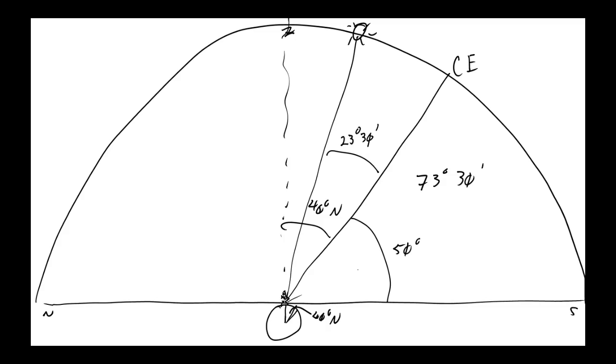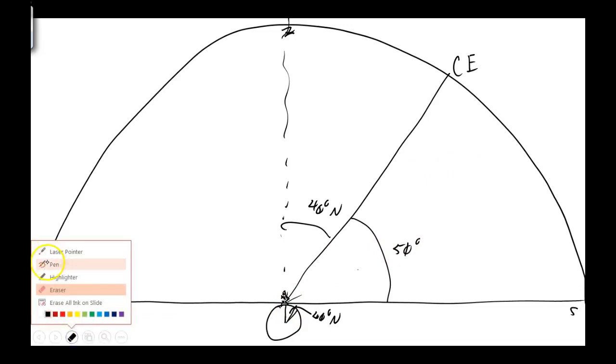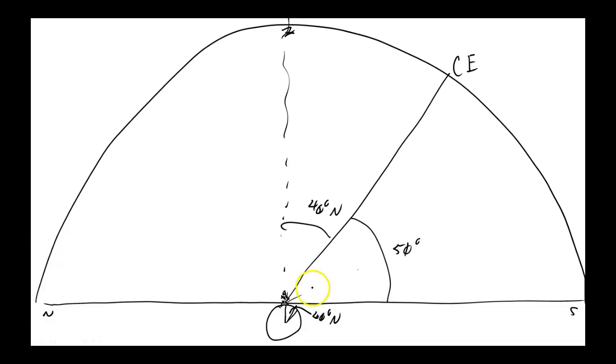Now repeat for December the 21st. Okay, what is the declination of the sun on that day? Negative 23. Okay, so let me get some of this out of the way. Negative 23.5.